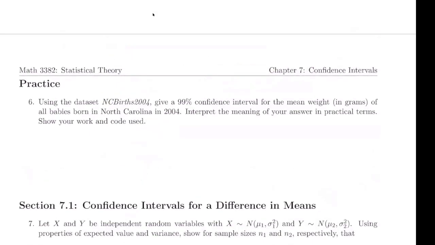So let's just do one example together. Let's say I want to calculate the mean for the births of all newborns in North Carolina in 2004. And now we have this data set called North Carolina births 2004.